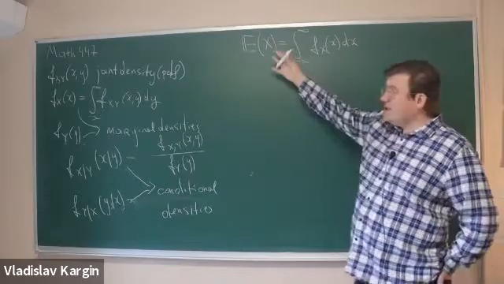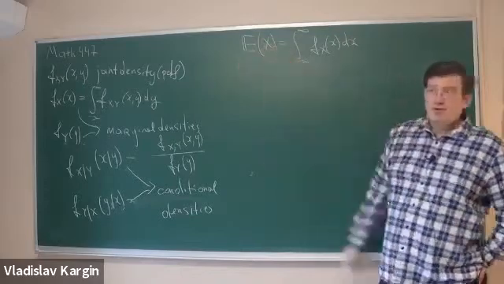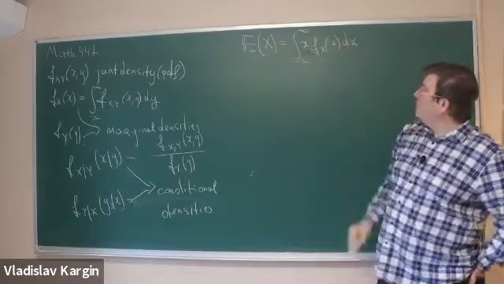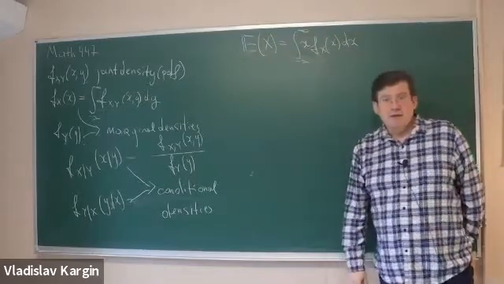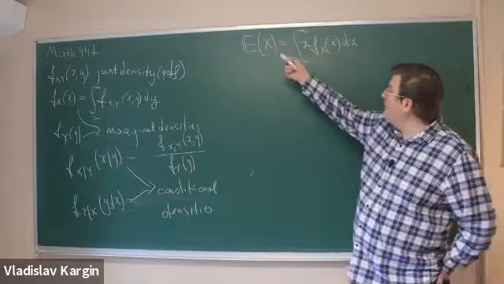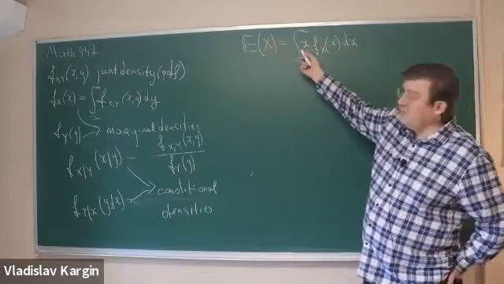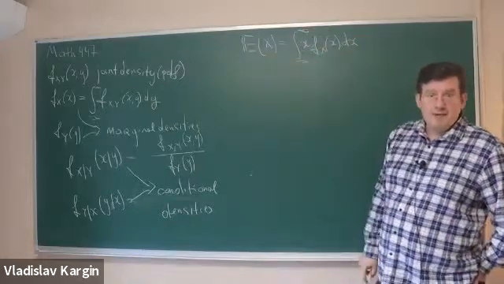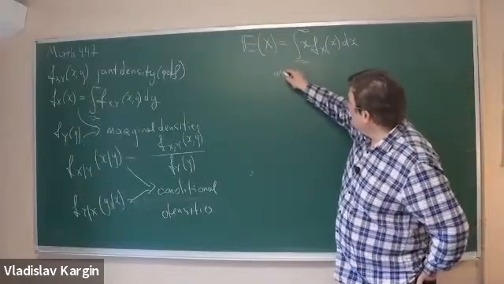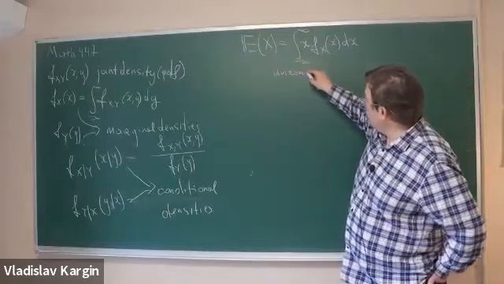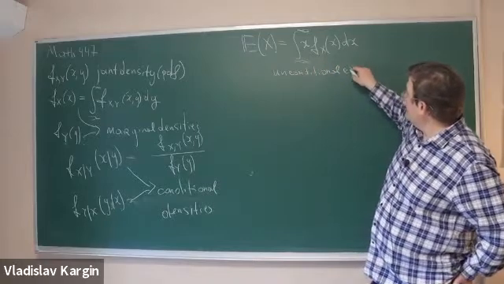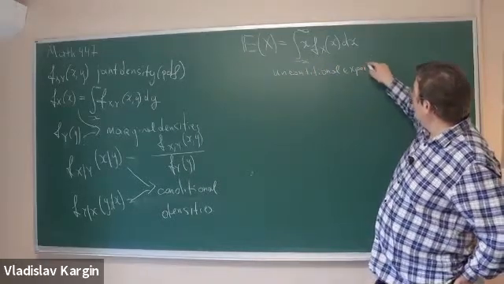It's as if we forgot that there are two random variables and just integrated x over it. And if it's a function, then it will be a function of x. So this is unconditional expectation.